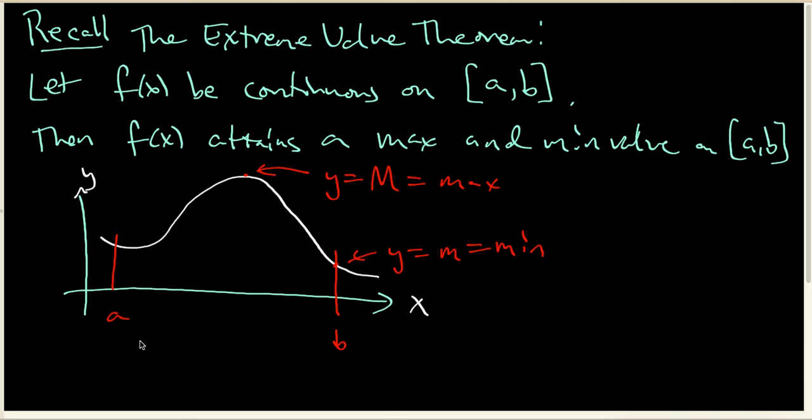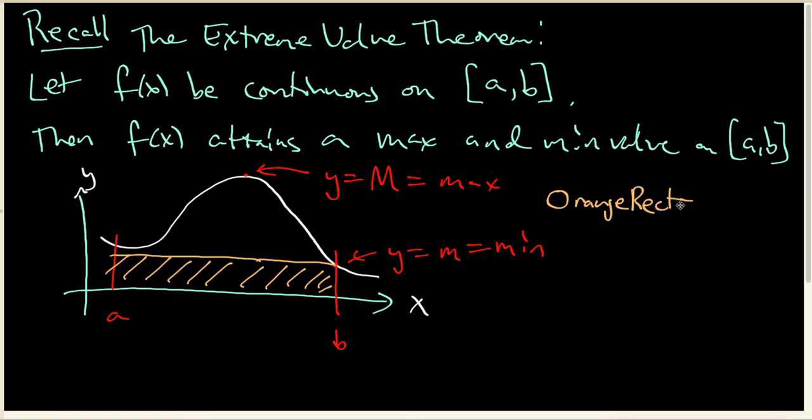And I want to look at this particular picture and draw some rectangles. So for my first rectangle, I'm going to use that minimum value, and I'm going to draw a rectangle for the whole interval. Now that orangish rectangle has area equal to little m times b minus a.